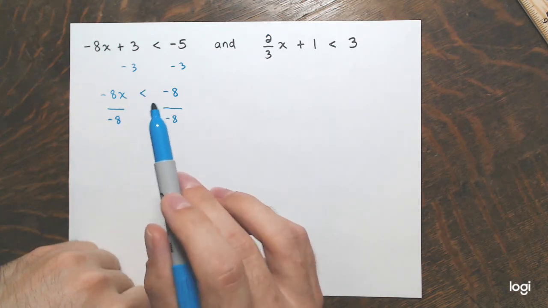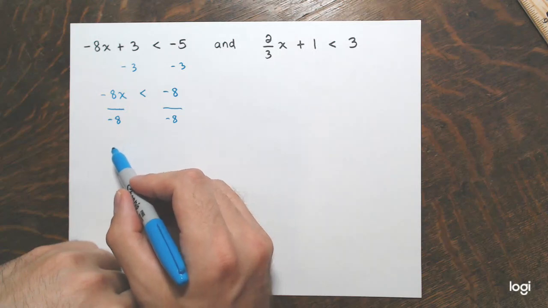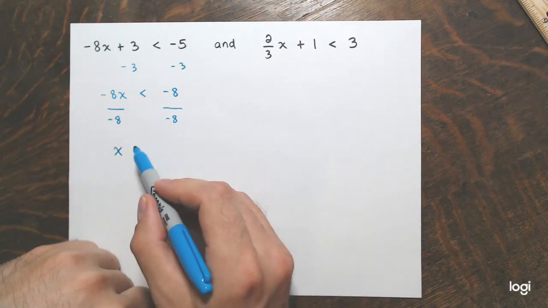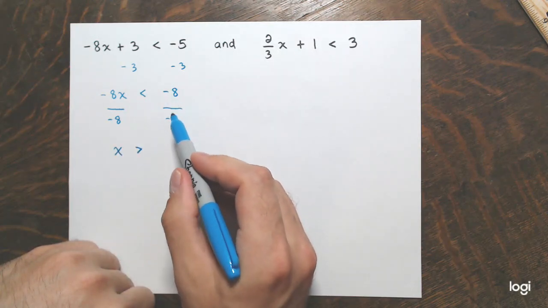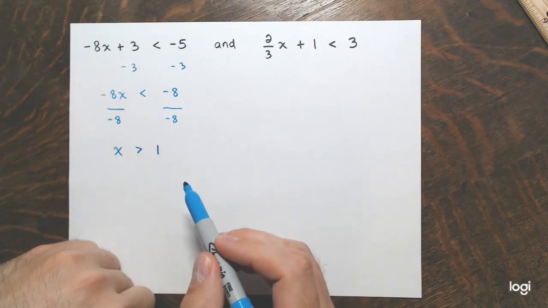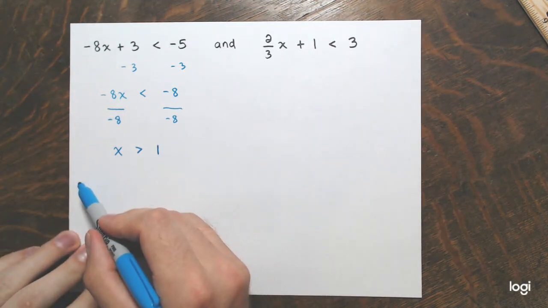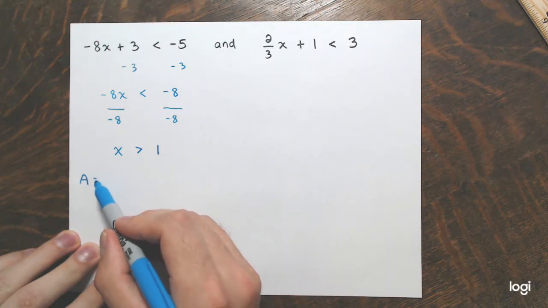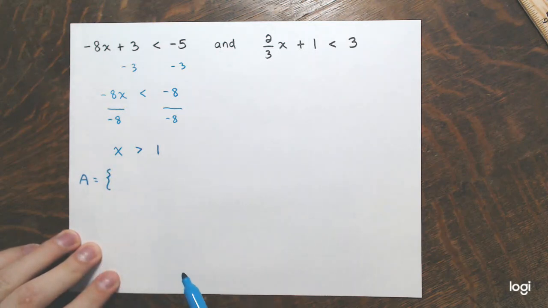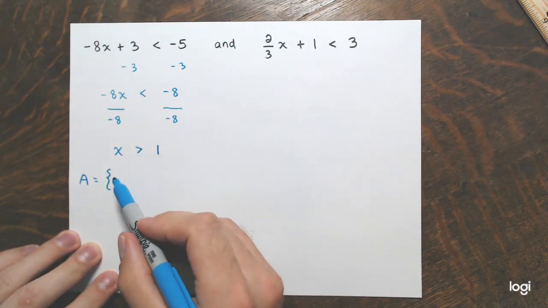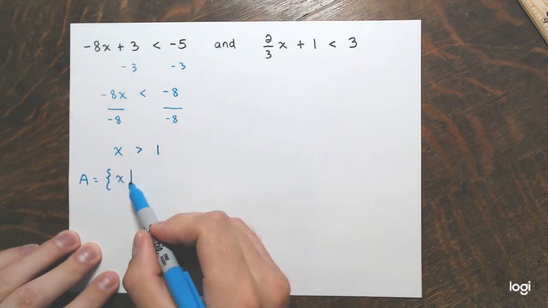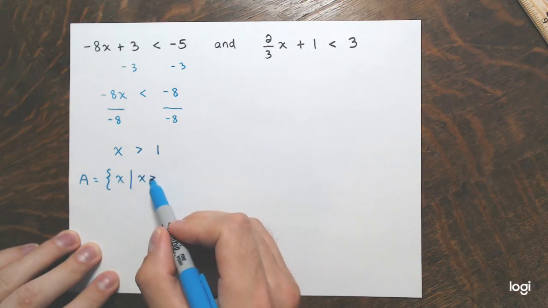The direction of the inequality changes. So we have x on the left is greater than, and then -8 divided by -8 is +1. So again, I'll call this set A. The solution set of this first inequality is all values of x, as long as x is greater than 1.